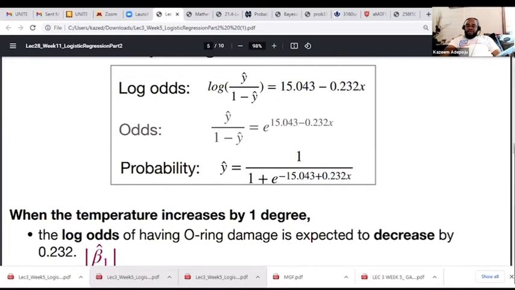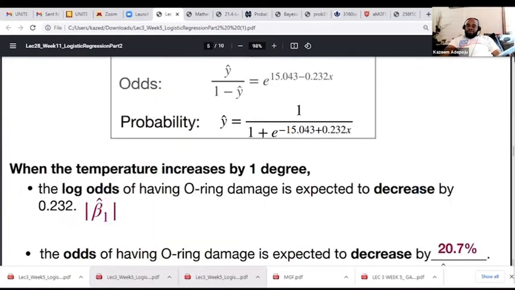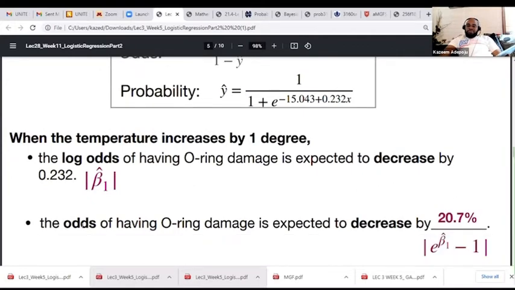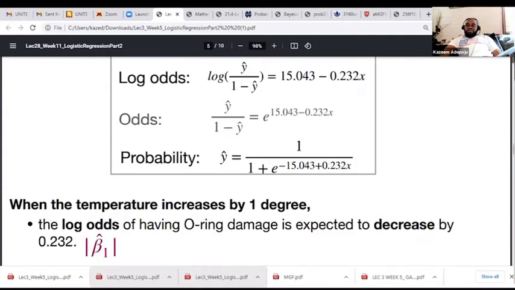Now let's see how the odds are going to be. The odds of having O-ring damage is expected to decrease by 20.7%. How do I know that? What you're going to do is take the exponentiation.